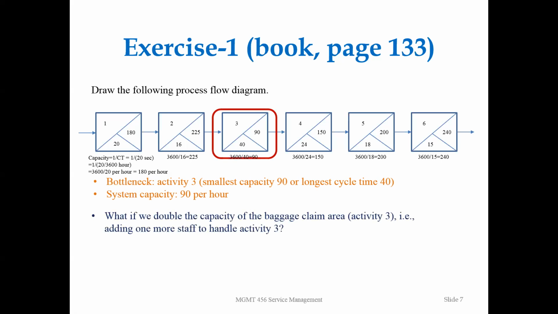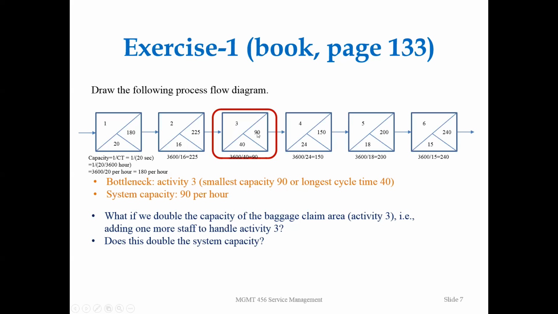Question: what if we double the capacity of the baggage claim area? So add more capacity, double the capacity here. But by doubling the capacity for activity 3, can we double the capacity for the entire system?